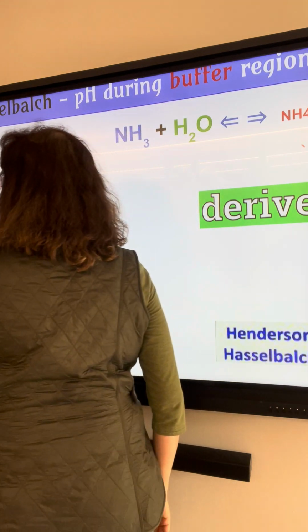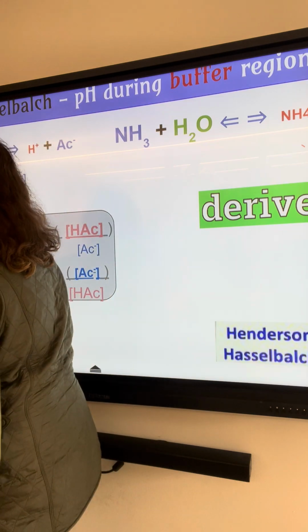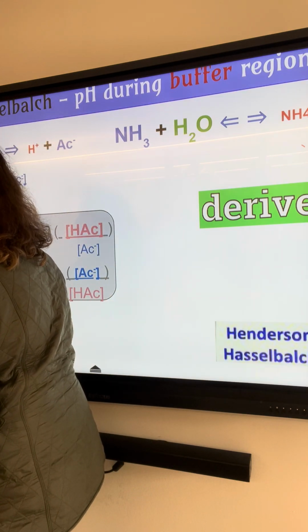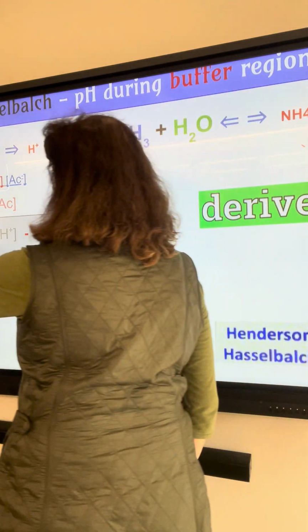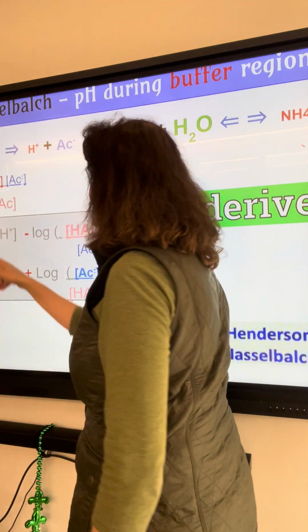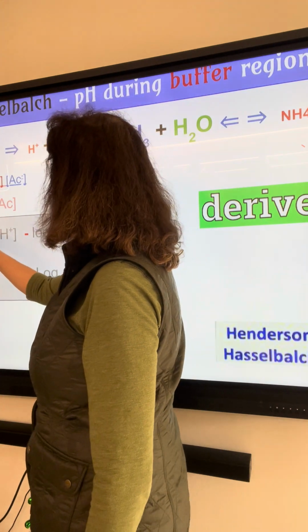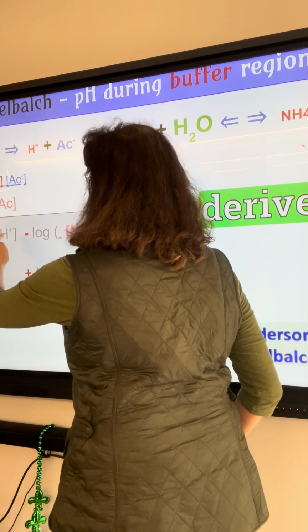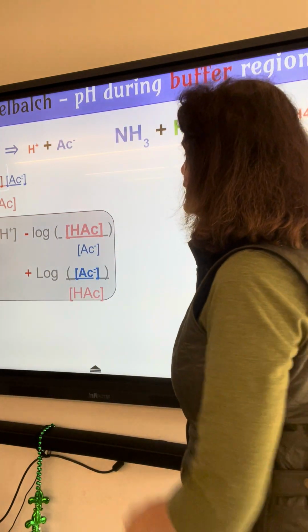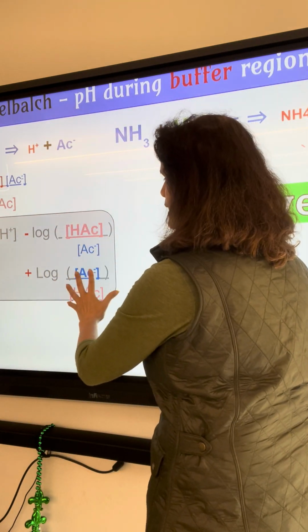And then we realize, hey, negative log is the equivalent of p. p means negative log. So the negative log of Ka is pKa. The negative log of the hydrogen concentration is pH, because it's the negative log of H. And the negative log of this, we're just going to leave it like that.